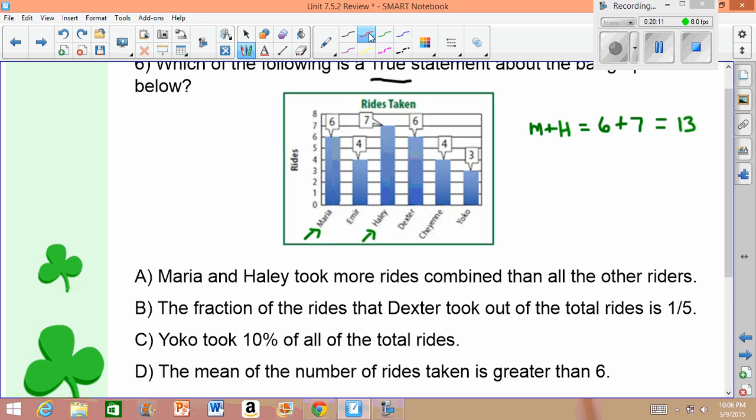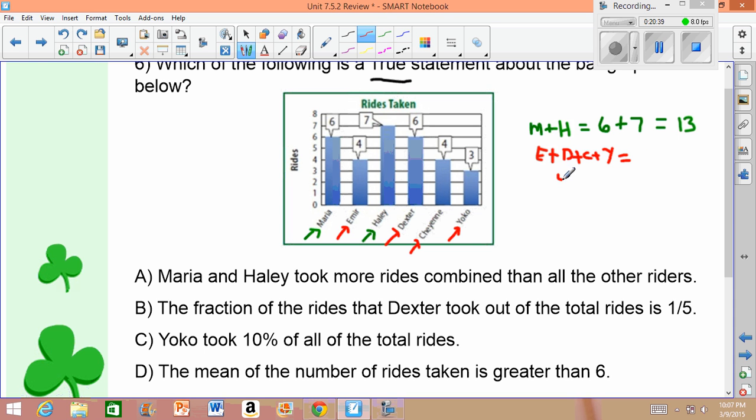So we're going to look at all of the other riders now. So is that Amir, Dexter, Cheyenne, and Yoko. So we're going to put those four together. So Amir plus Dexter plus Cheyenne plus Yoko. And we're going to see if Haley and Maria totaled more.